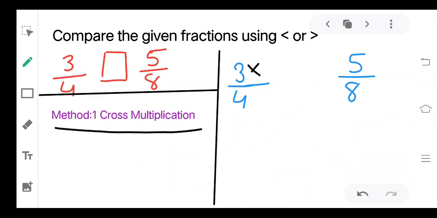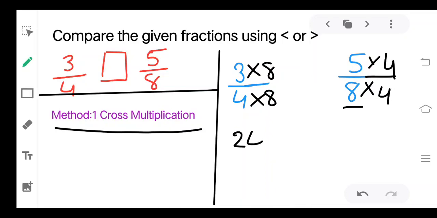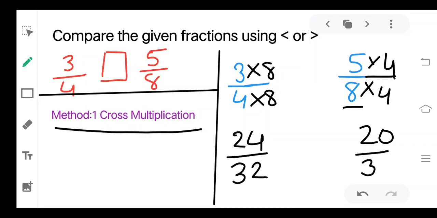So you can see here, I'm going to multiply the denominator with the other fraction's numerator and denominator, and the same here, I'm going to multiply 4 with the denominator and numerator also. So 3 8s are 24, 4 8s are 32, 5 4s are 20, 8 4s are 32.